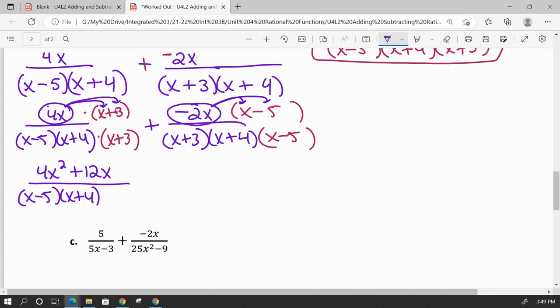The denominator has not changed. Now distribute the negative 2x to the x and the minus 5. So negative 2x times x is negative 2x squared. Negative 2x times negative 5 is a positive 10x. Denominator does not change.